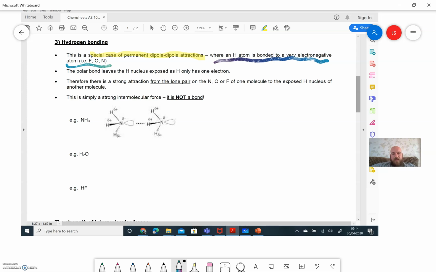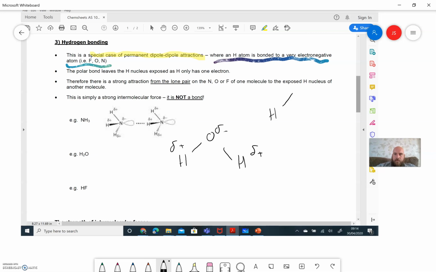So again, articulating hydrogen bonding, I always think it's a little bit cumbersome, but drawing a hydrogen bonding diagram, even if it asks you for an explanation, is absolutely fine as well. So if I was asked to explain how hydrogen bonding occurs in water, I could probably just simply draw a diagram. So delta negative, delta positive.